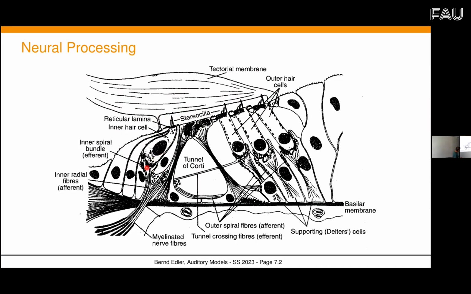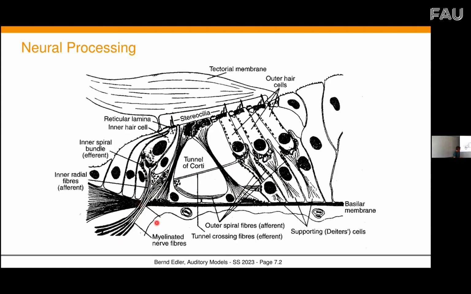And we see that there are auditory nerve fibers getting close to the inner hair cell, but also there are some nerve fibers going towards the outer hair cells. And there are 2 types of nerve fibers. These are all bundled in the auditory nerve, but these fibers are classified into 2 effects.